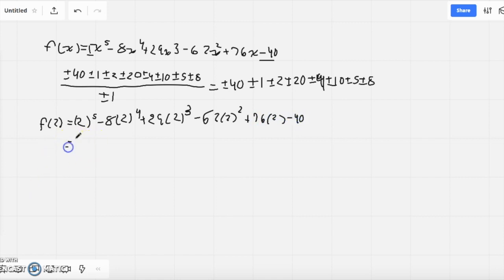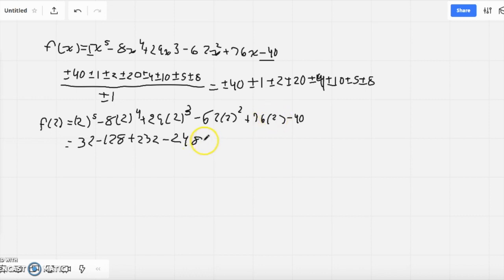So when we do the math, 2 to the fifth is equal to 32. Then negative 8 times 2 to the fourth will be negative 128. Then 29 times 2 to the third will be plus 232. Negative 62 times 2 squared will be negative 248.